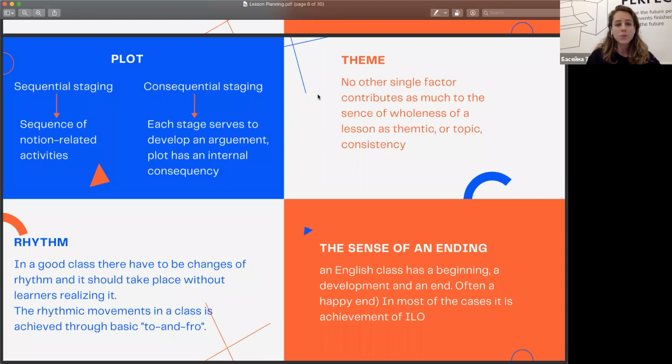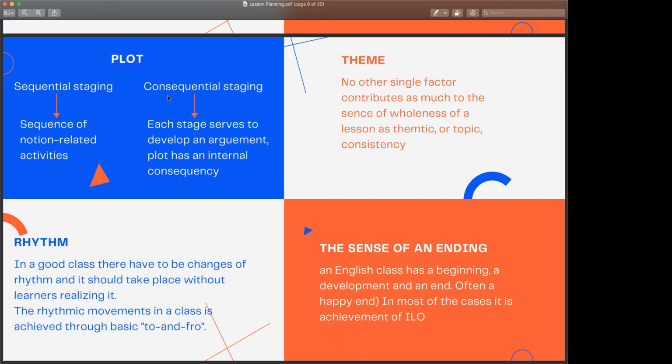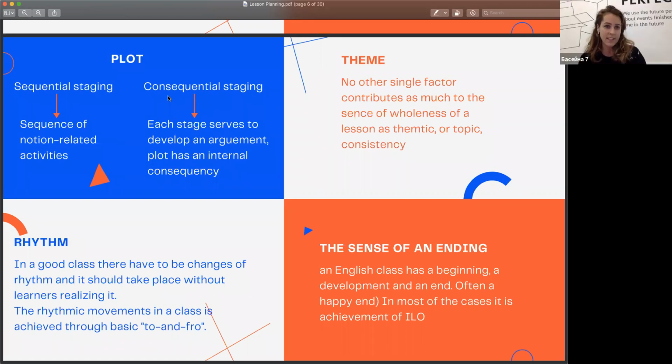And remember, when we were talking about the plot, I said that it's very important to have this challenge. There's something complicated for them to achieve. So that is the sense of an ending. That is the sense of achievement that students have when they realize that they managed to overcome this challenge, overcome this difficulty, and actually they learned something and they can do something better.